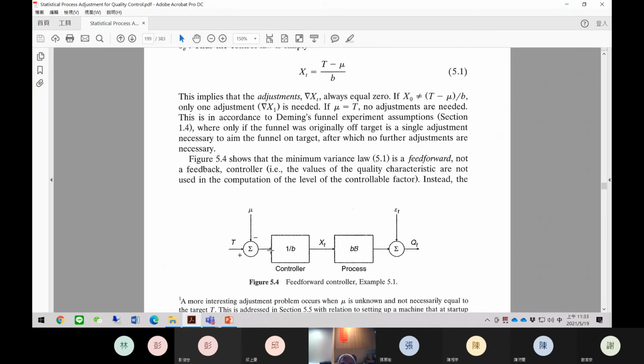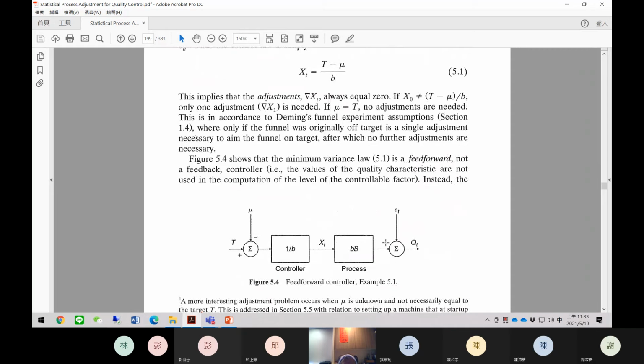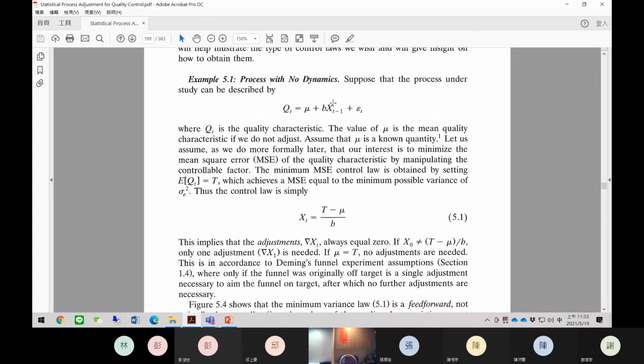We look at this, B over 1. This is the target minus mu over B, where mu is right here.